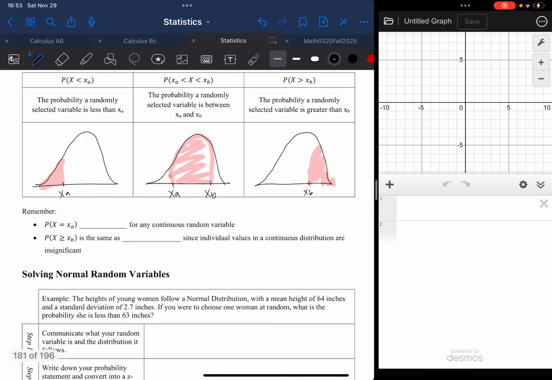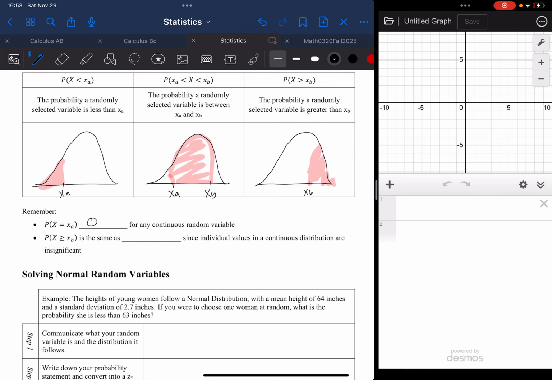It says, remember, the probability that x is equal to some number x sub a is going to be 0 for any continuous random variable. And that is because we're talking about area here. And if you were just given 1 point, we wouldn't be able to find the area under that 1 point.